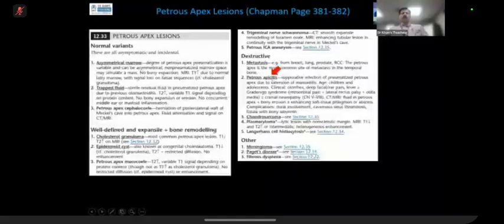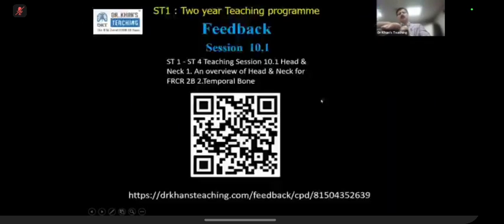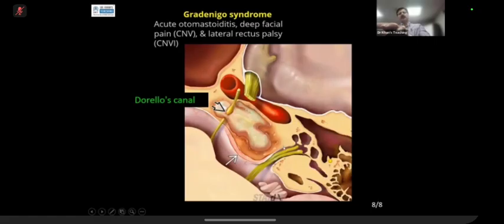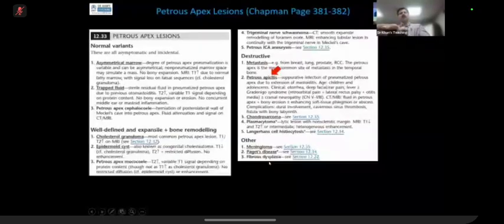From your book, petrous apicitis, and this is the syndrome: retroorbital pain, lateral rectus palsy, plus otitis media, plus or minus cranial neuropathy, where now nerves 5 to 8 can be involved, because the infection is not far away, as this is the IAM. So this was petrous apicitis. Okay, thank you very much.